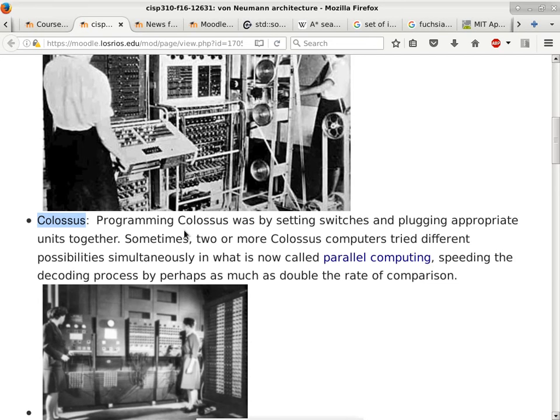But the point is, in order to change the algorithm in a computer like a Colossus, it involves opening up the computer, rewiring the internals, turning some switches, and that's how you reprogram it. One bit at a time, basically. Okay?